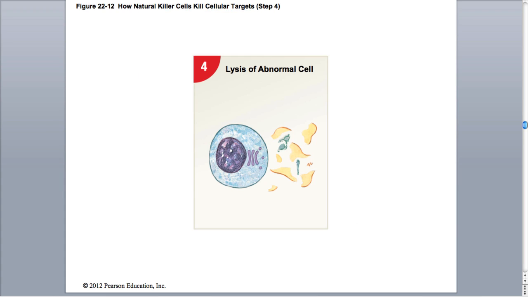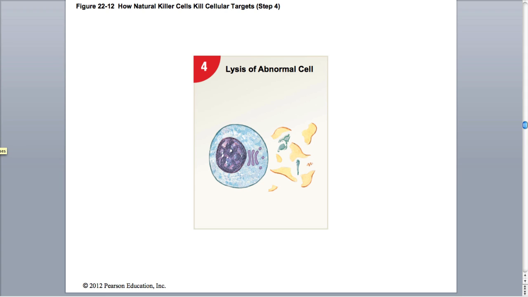So there you go. It's etching away at the membrane, and then the membrane will bust and you'll have a lysis of the abnormal cell. Now keep in mind, all this is doing is just killing the cell. It is not killing the virus inside of it. Why would you want to do that?